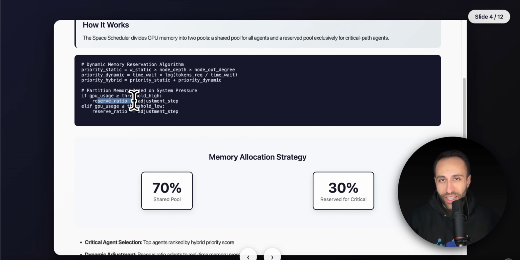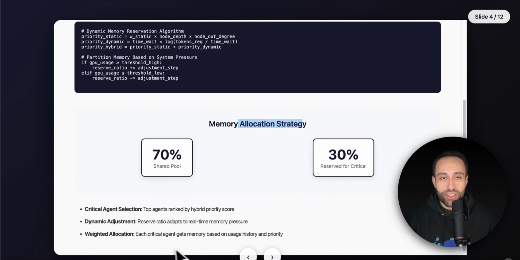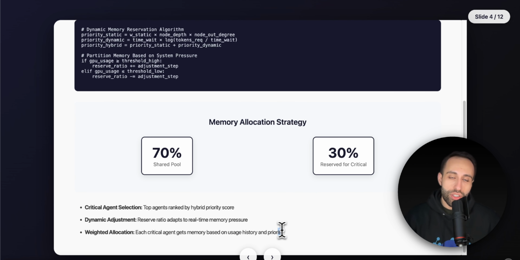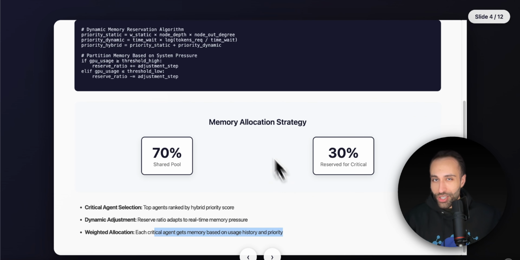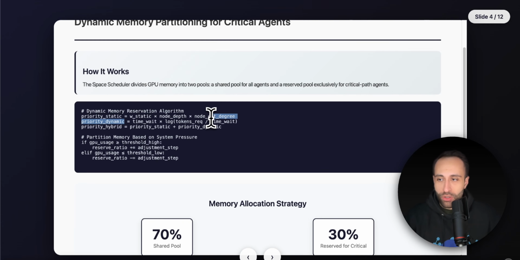So that's another dynamic way of calculating this allocation strategy. Based on this weighted allocation, each critical agent gets much more memory based on the usage history, which is that dynamic part, and priority, which is static. We just understand the priority of that agent immediately as I see the DAG of your agentic framework.